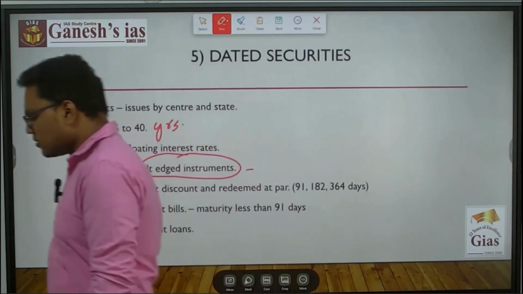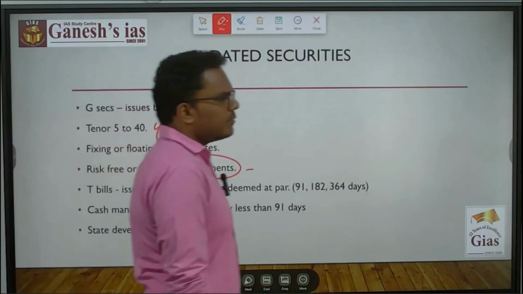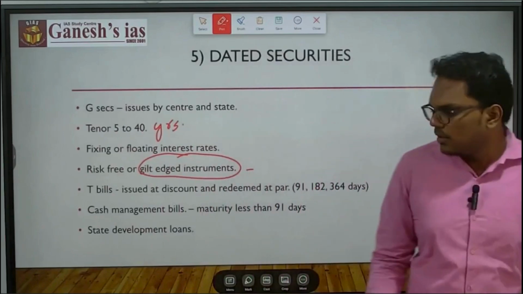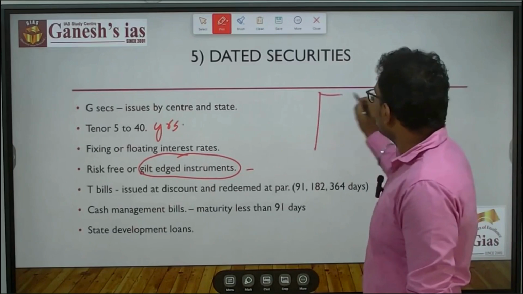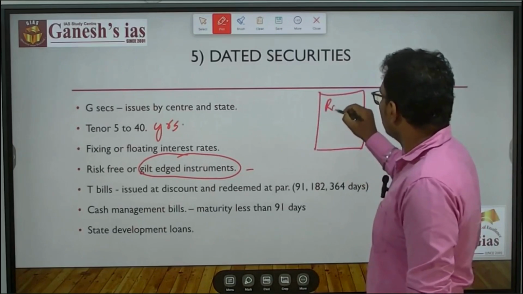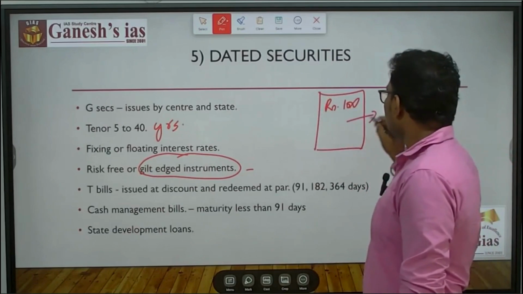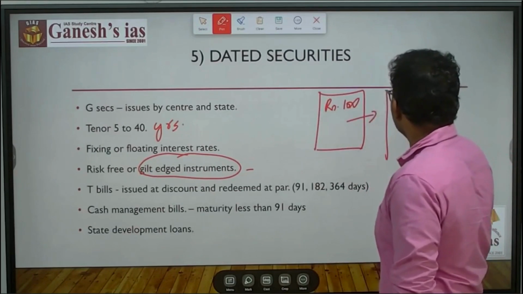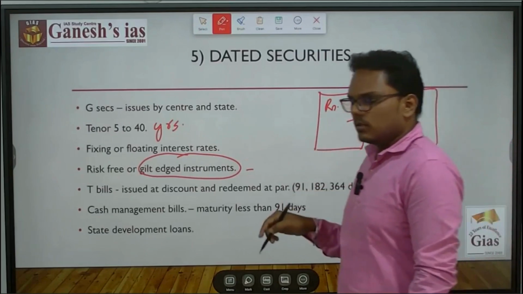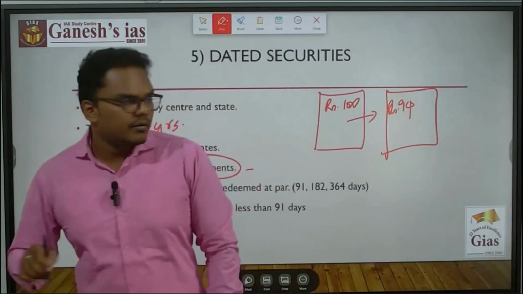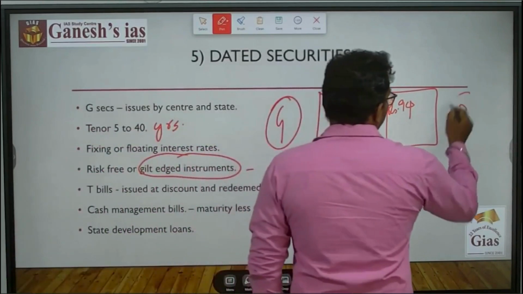They are issued at discount and redeemed at par. Treasury bills generally have a maturity of 91 days, 182 days, and 364 days. And what is this, issued at discount and redeemed at par? Assume that you have a T bill which costs 100 rupees. The government will not sell it at 100 rupees, whereas it will sell it at 94 rupees, which means it is issuing it at a discount. Now, this is the government and this is the people.